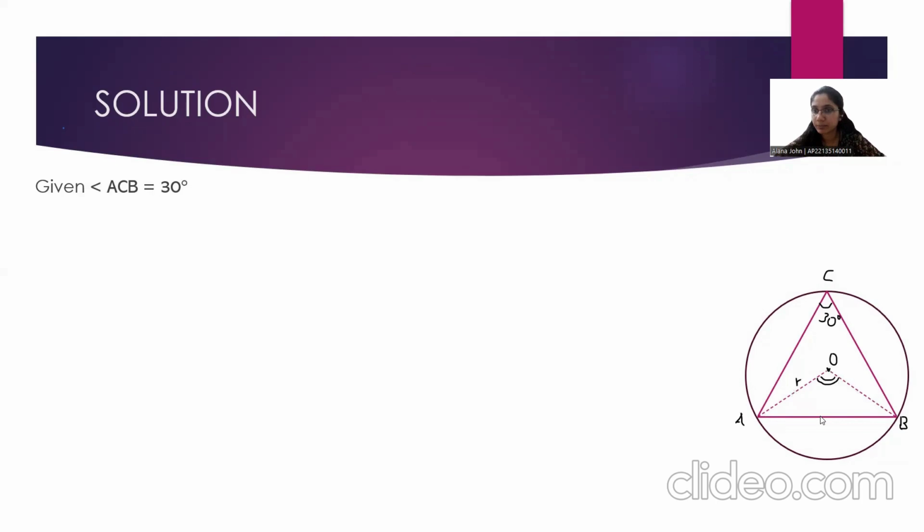Initially, I have joined the points OA and OB. Then, here you can observe an angle is formed at O, angle AOB. What is the relation between this angle and the given angle 30 degrees?